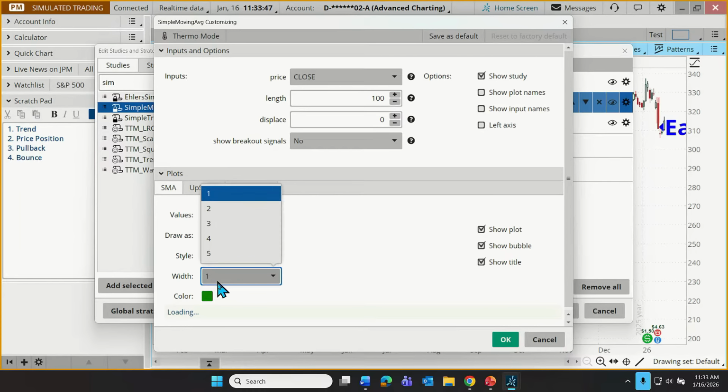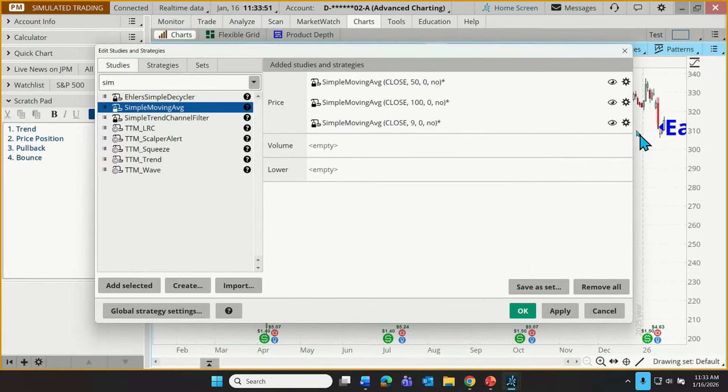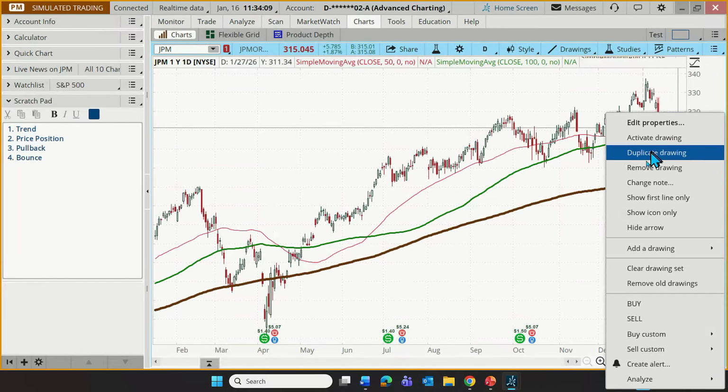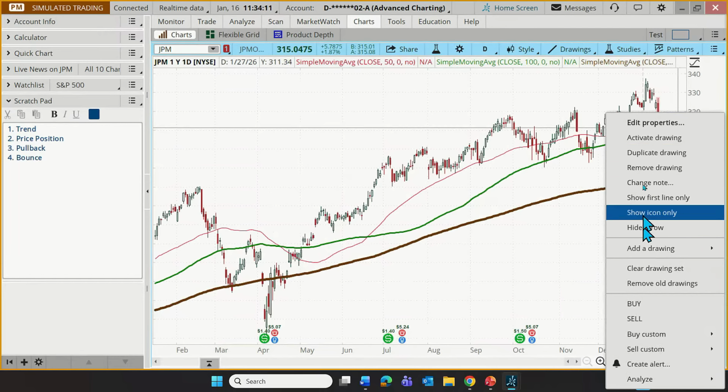Let's leave that one green, make it a little bit thicker. And we had the 200. Let's make that one, I don't know, purple? Will purple work for you? Let's make it the thickest. Click Apply and click OK. And let's see. Don't need this drawing right there. Let me just remove that drawing.